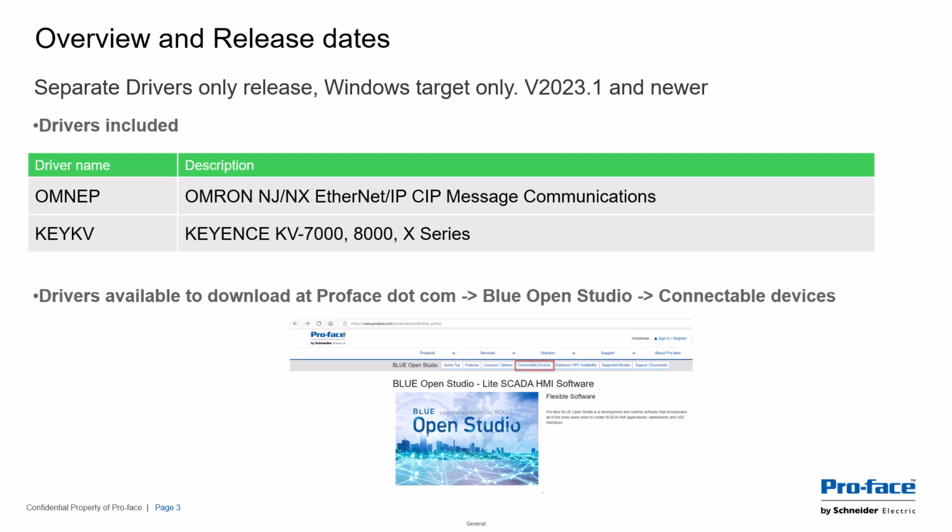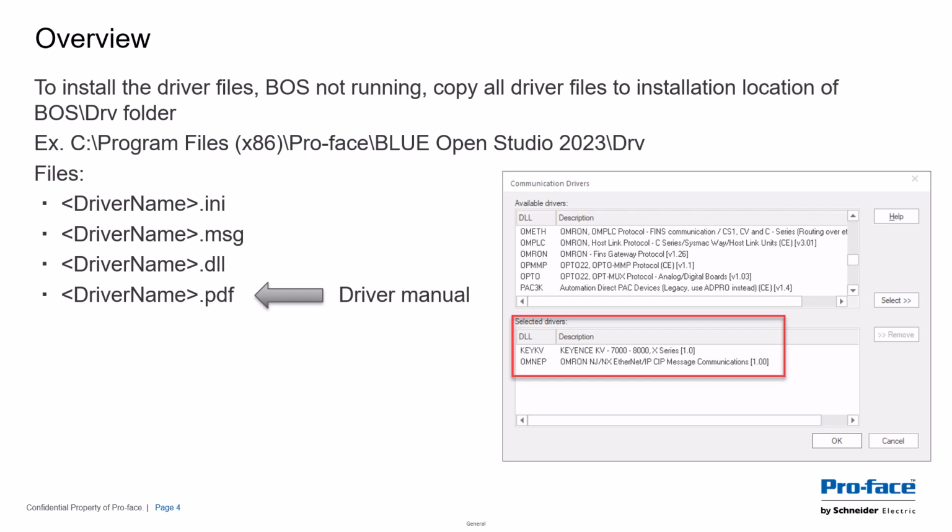Okay, so now back in the PPT, we'll go on to the next slide. So here's just a brief overview on how to install the driver files. Make sure Blue Open Studio is not running, and you just basically copy all the driver files to the installation. They're zipped up into a zip file. You're going to put those in the driver folder of where you've installed Blue Open Studio.